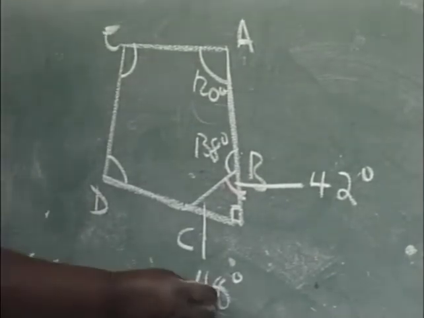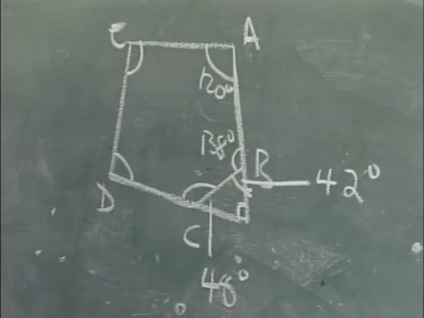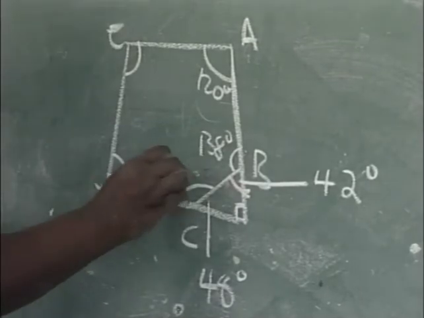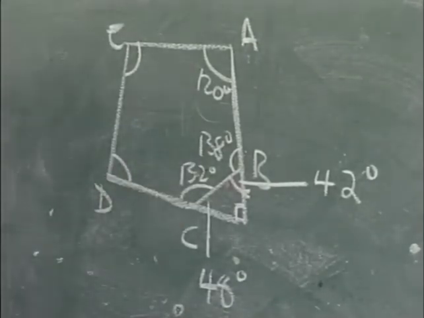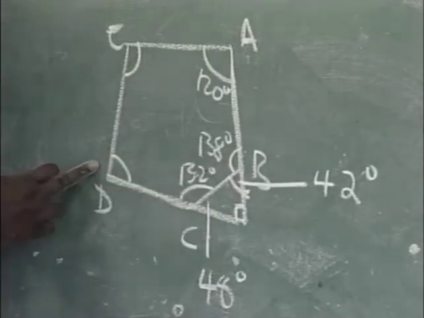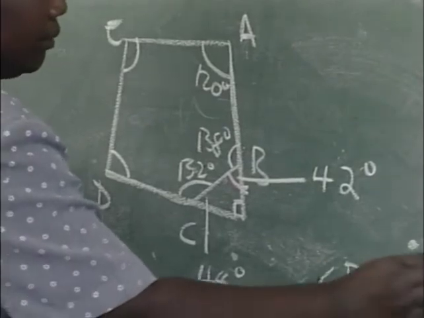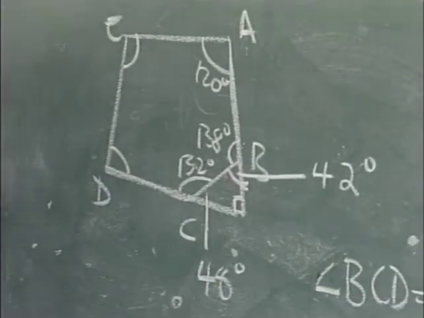If this is 48, then this angle is 48 from 180, which is 132 degrees. So that's angle BCD. Okay, so angle BCD is now 132 degrees.